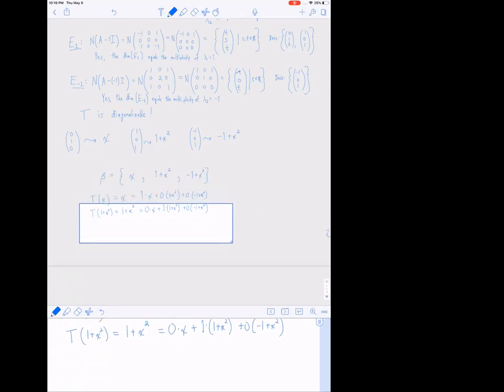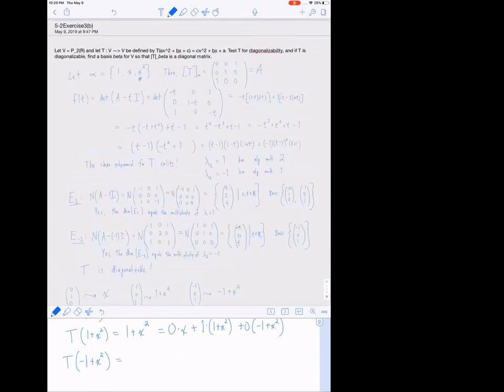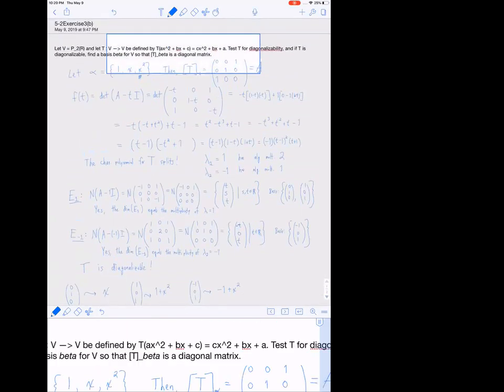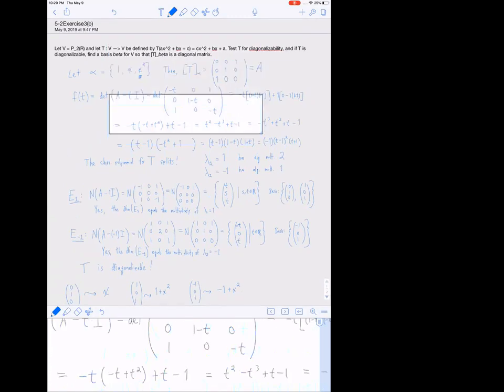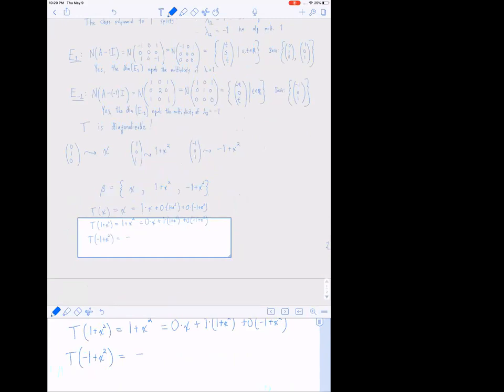And finally, if we apply T to the last vector in our basis, negative 1 plus x squared, we're going to get, well, let's look back at T. That means that c is equal to minus 1 and a is equal to 1. So we're going to end up with a minus 1, that's our c, times x squared plus 1, that's our a.